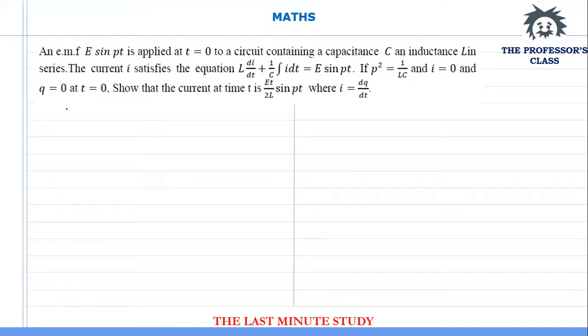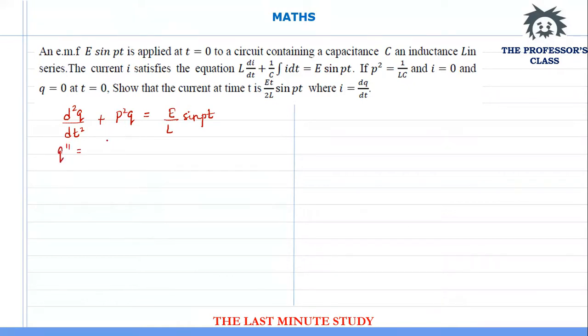The given differential equation, as we have obtained earlier, was d square q by dt square plus p square q equals E by L sin pt.